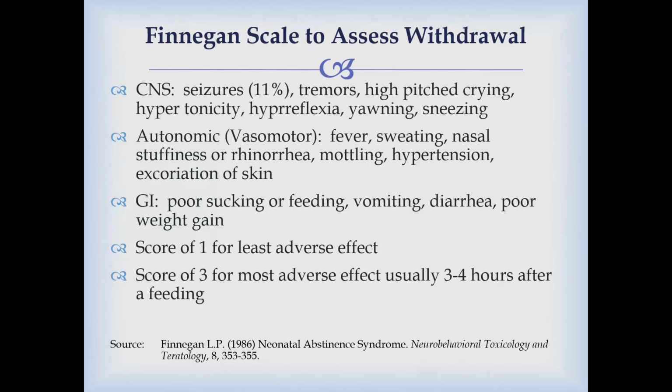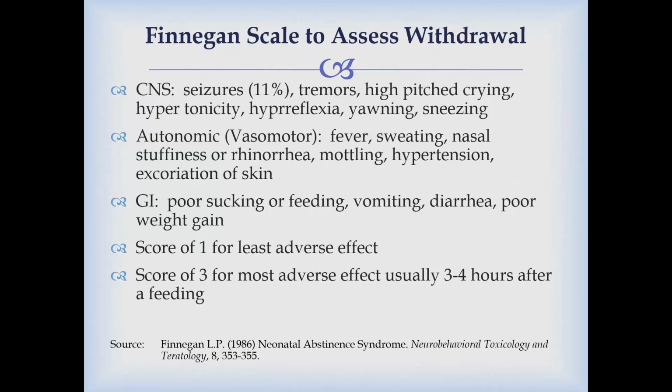Vasomotor problems could include sweating, nasal stuffiness or rhinorrhea, mottling, hypertension. GI systems include issues with feeding, intolerance, vomiting, or diarrhea, poor weight gain because of a hypermetabolic state. A score of 1 is given for the least adverse effect in these categories, and a score of 3 for the most adverse effect in these 3 categories.